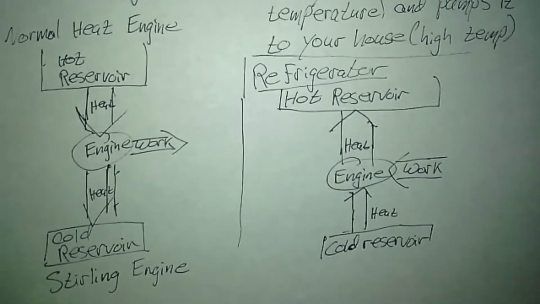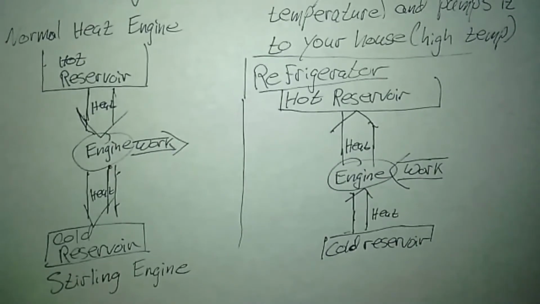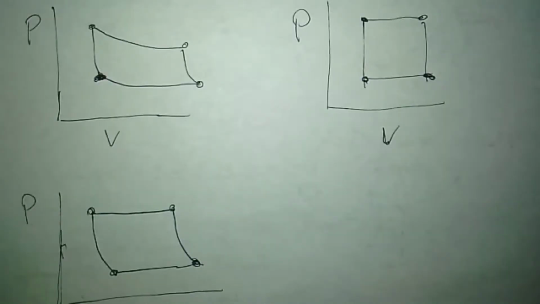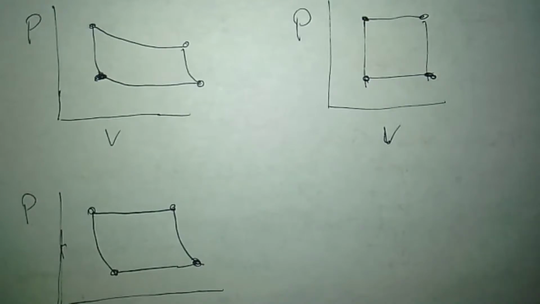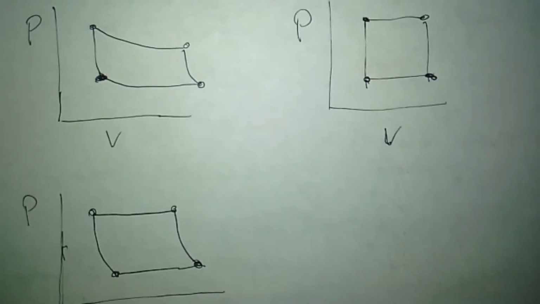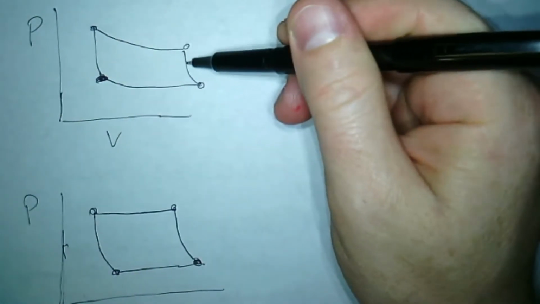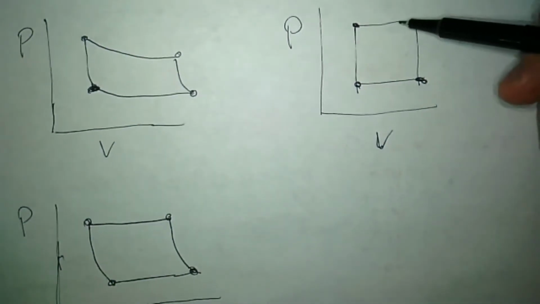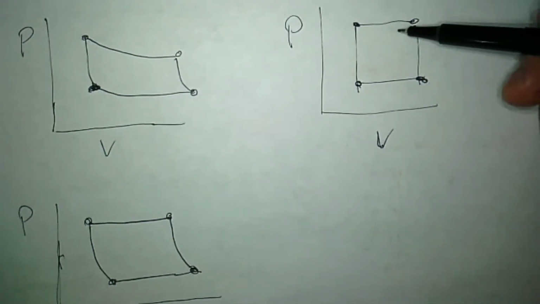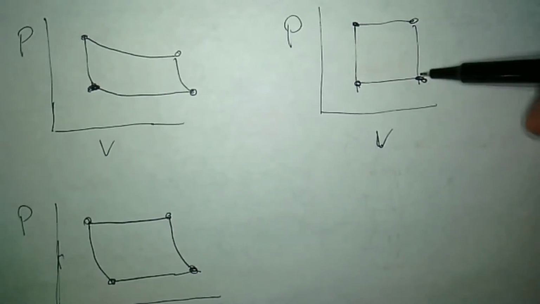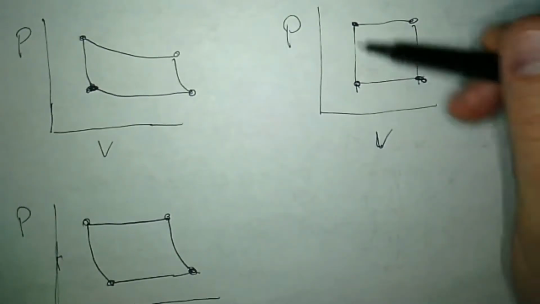Okay, so how do we make this happen? Let's say we have some gas cycles that look like these: some isotherms and adiabats. This is a Carnot cycle. Then this is an isobaric process and an isochoric process, and you're making a square.